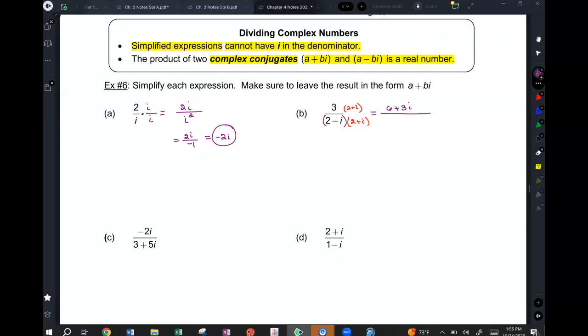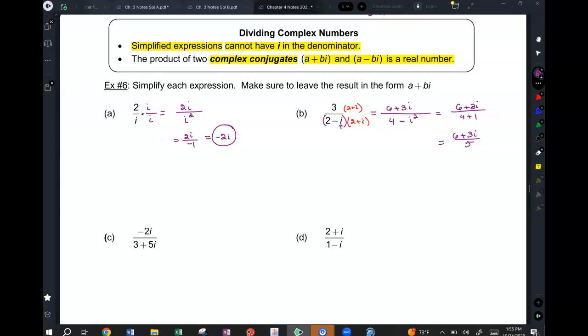This is a minus b, a plus b. So you square the first number, you square the last number, and you put a minus in the middle. Is that right? So this becomes 6 plus 3i over 4 plus 1. How much is that? 6 plus 3i over 5.